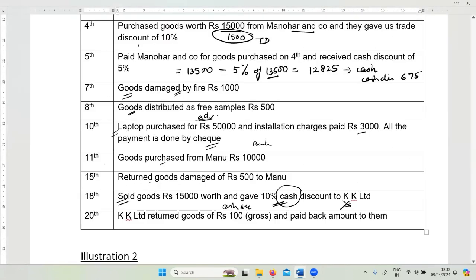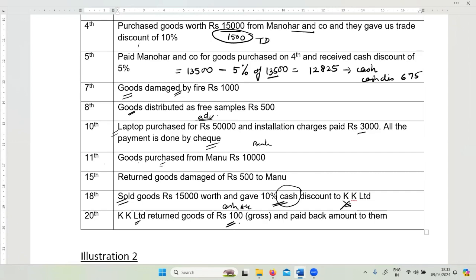Fine. Next, we have KK Limited returned goods of 100 rupees worth gross and paid back amount to them. So what is happening? KK Limited has returned the goods and these goods are 100 rupees worth gross. Gross means before discount. Now when we are having a sales return taking place, should we take this 100 rupees or should we take 90 rupees into consideration and reverse the cash discount?